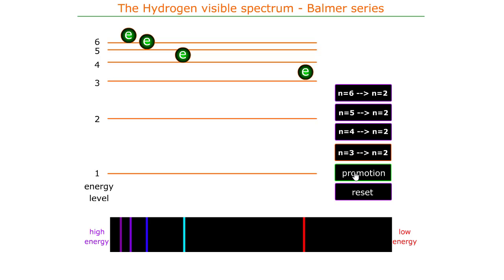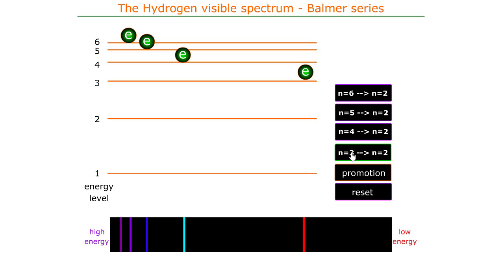They may relax back to n equals 1 level, in which case they will emit a photon or a quantum of energy corresponding to the difference between that level and the ground state, n equals 1. But we're concerned with what happens when the electrons relax back to the n equals 2 level.